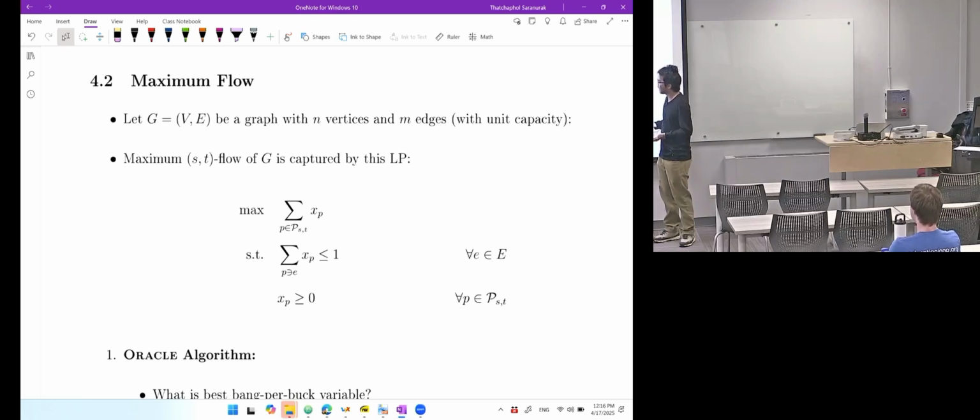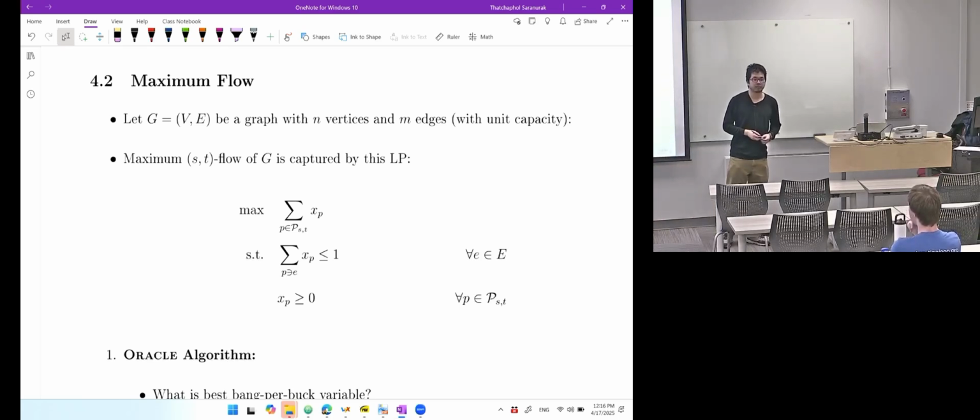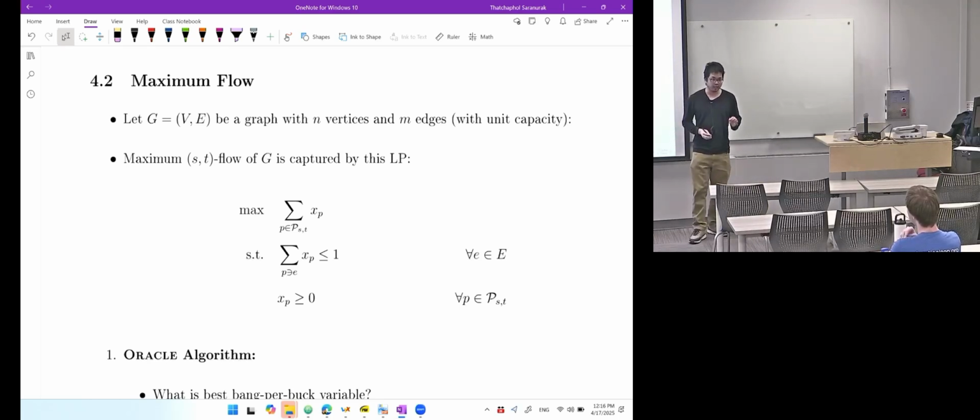So let's ask, looking at this LP, what would be the best bang per buck variable when you try to solve the oracle problem? I think it would be the path with the fewest edges, the shortest path, right? The path with the fewest edges, that's close, but not quite correct yet.